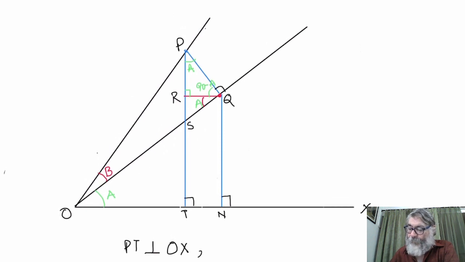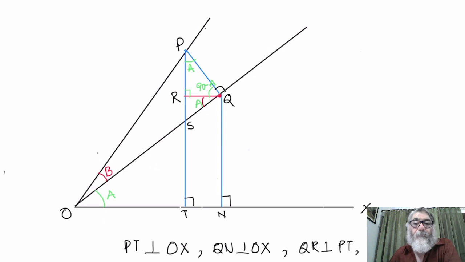Then QN is also perpendicular to OX. QR is perpendicular to PT, and PQ is perpendicular to OQ. Is that clear?